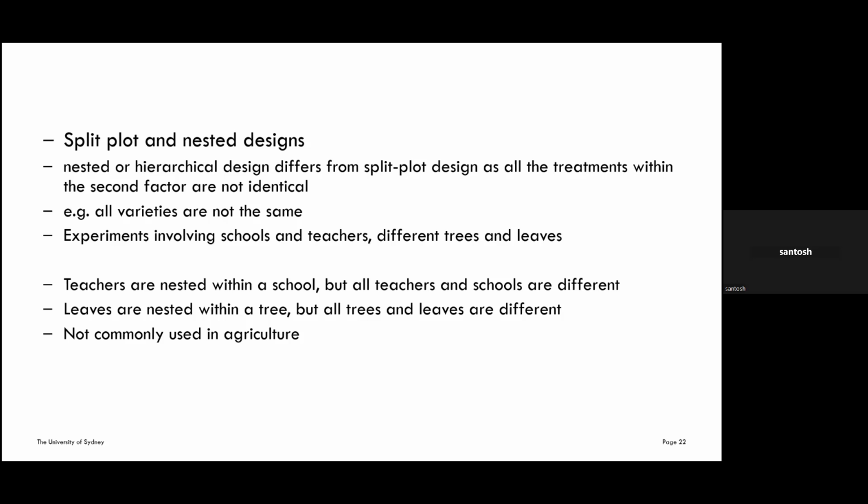Like in split plot design, you are testing the same varieties all the time, but here not, because the leaves are different, trees are different. So it is a complicated experimental design. I just wanted to give you some examples, and I'm not going to talk about this anymore.